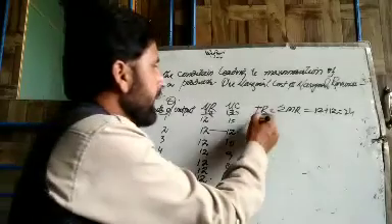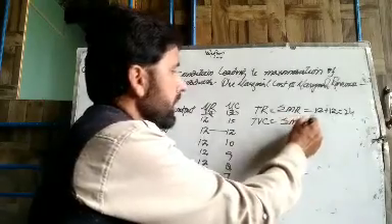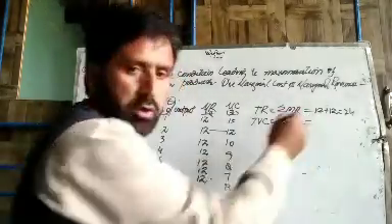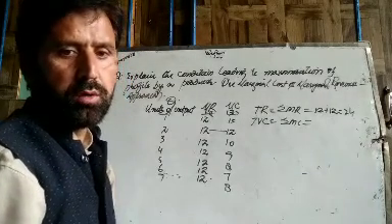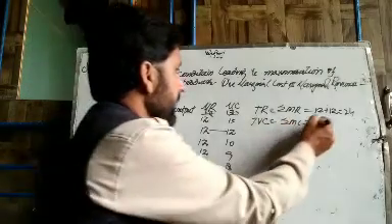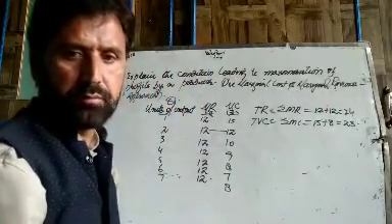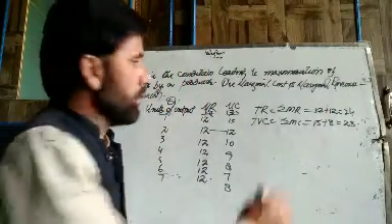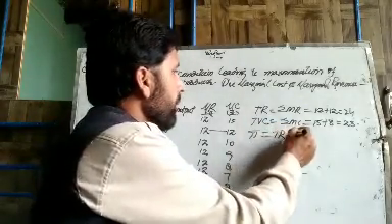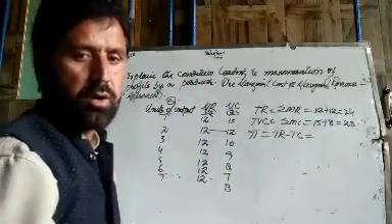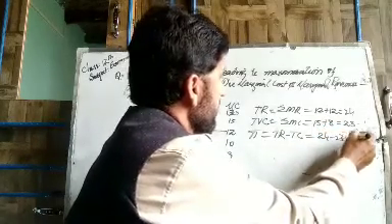The total variable cost is equal to the summation of marginal cost, 15 plus 8, that is equal to 23. Profit is equal to total revenue minus total cost, 24 minus 23, that is equal to 1.